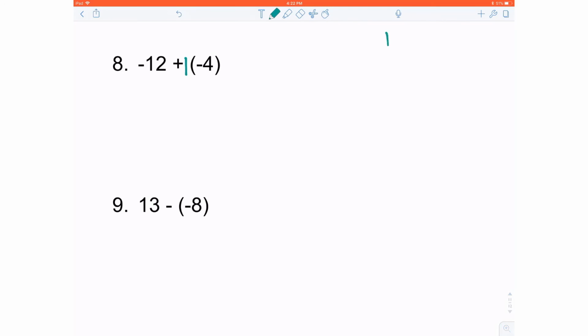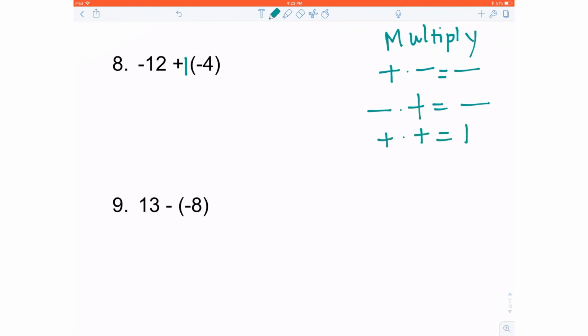When we multiply, the rules are a little bit different. Positive times negative is negative. Negative times positive is also negative. So if the signs are different, the answer is negative. Positive times positive gives you positive, and negative times negative gives you positive.